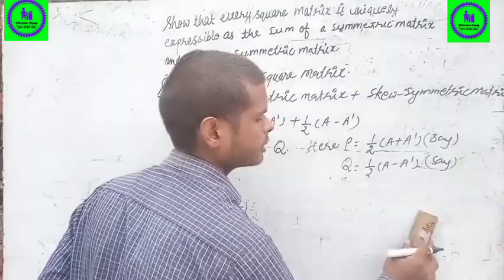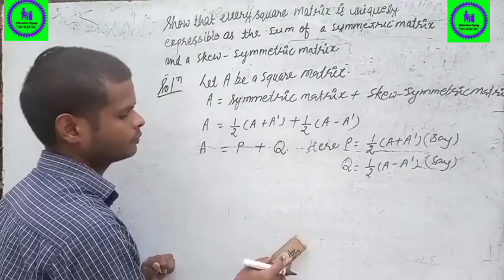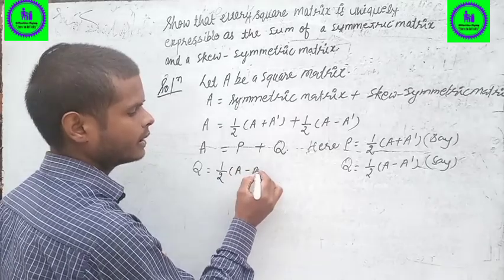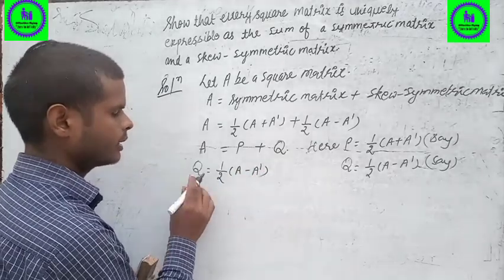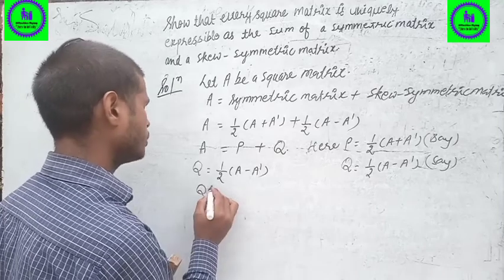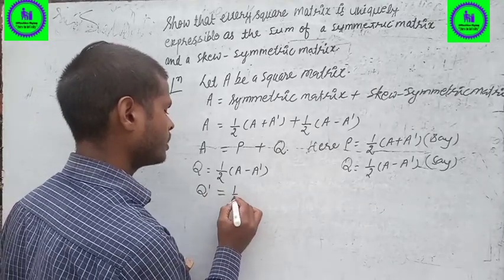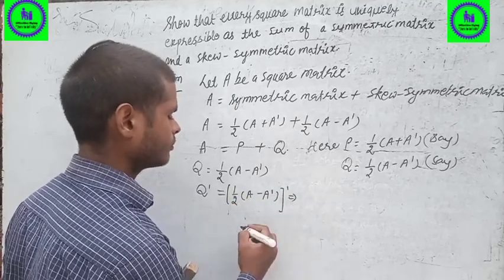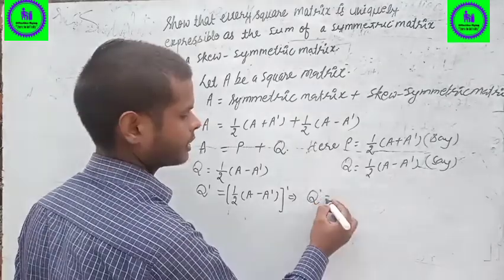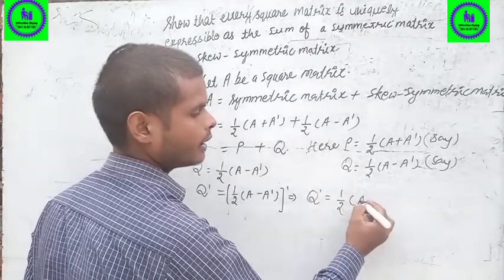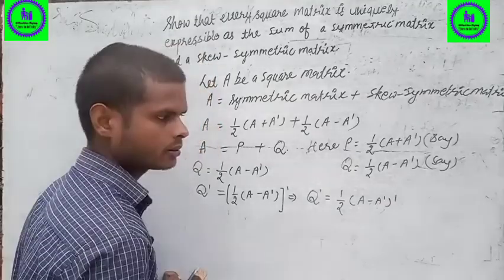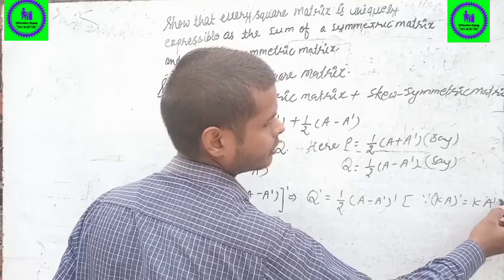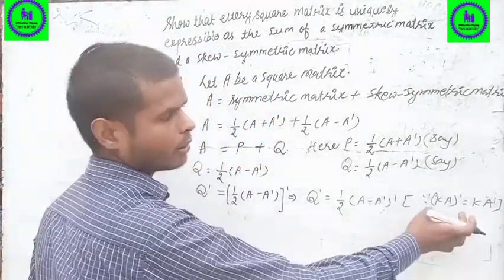Just the same process we will apply. Q is equal to 1 by 2 (A minus A dash). Taking transpose on both sides, Q dash is equal to 1 by 2 (A minus A dash) whole dash. Since (k into A) whole dash is equal to k into A dash, we know this property.